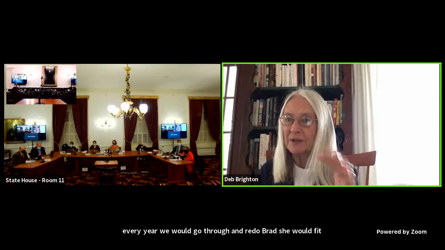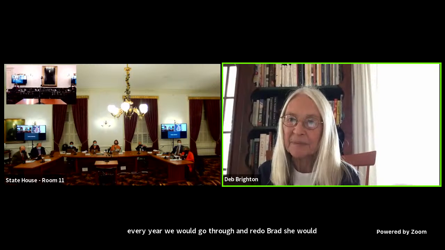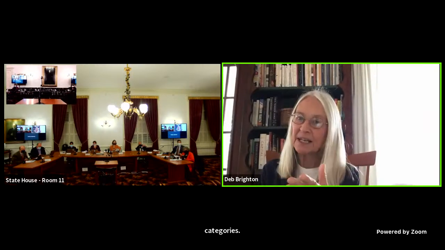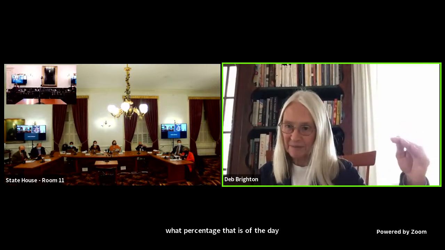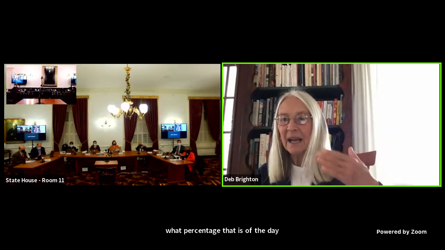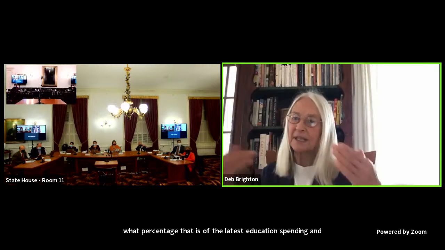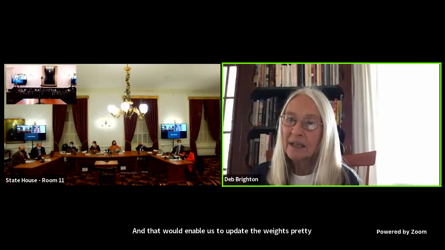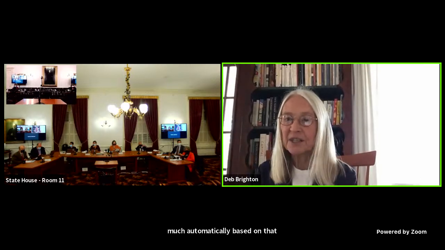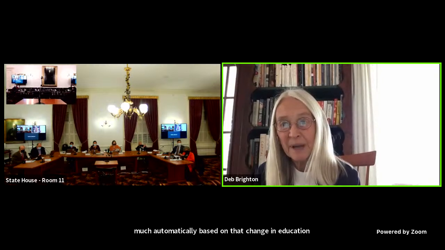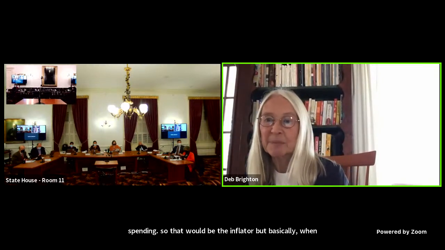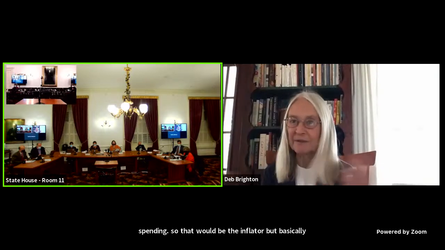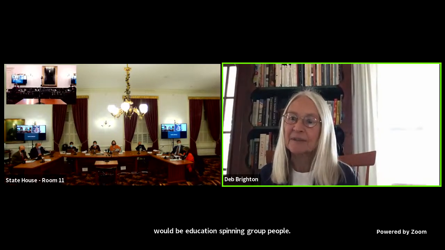We'd figure out all of the students in each of the different categories, and then figure out what percentage that is of the latest education spending. That would enable us to update the weights pretty much automatically based on the change in education spending. So the inflator, basically, would be education spending per pupil. Or we could use other kinds of inflators like the state and local government inflator.